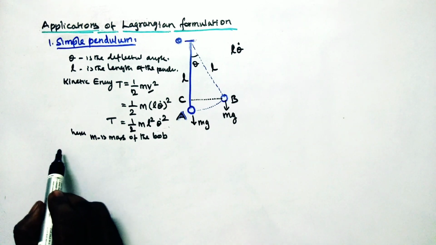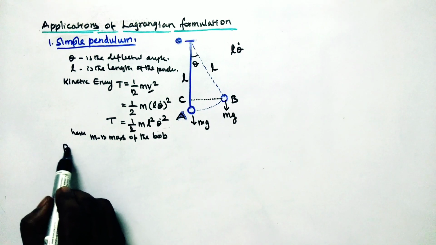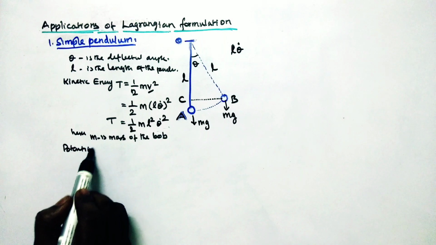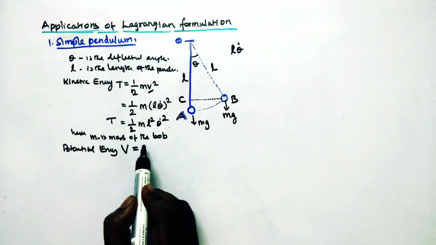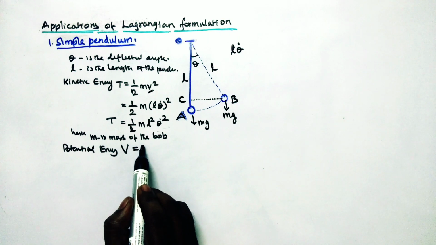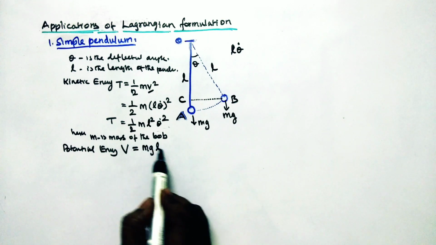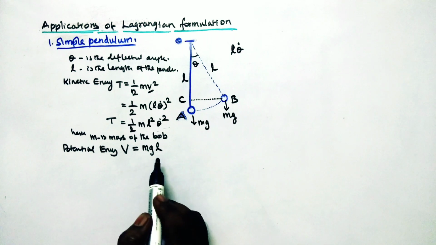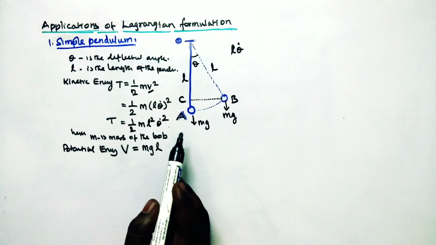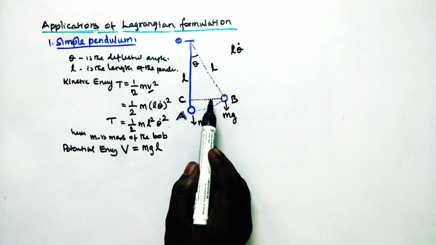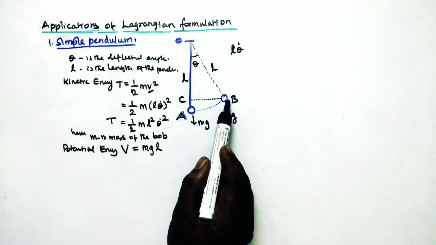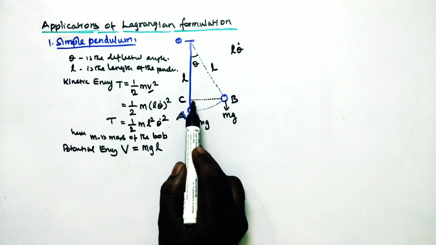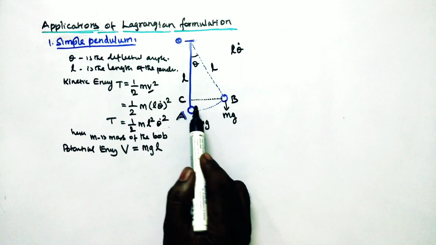Now we can write the potential energy. Potential energy V is equal to mgl. This is the actual potential energy, but here the action area is dominated at this point. The remaining length is dominated with potential energy.